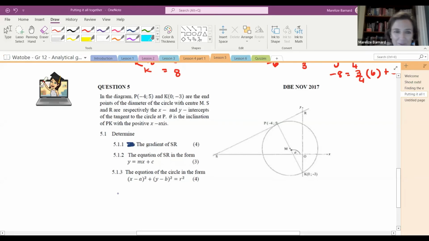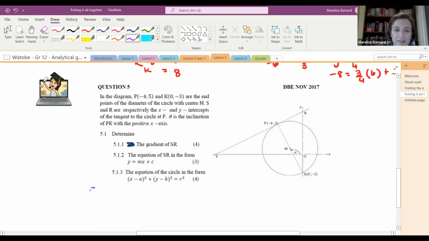Okay, nice, everyone. So the gradient of SR, that is the tangent. We don't have enough information to calculate the gradient of the tangent, but what we do have is PK, which is the diameter, and the diameter will have the same gradient as the radius.